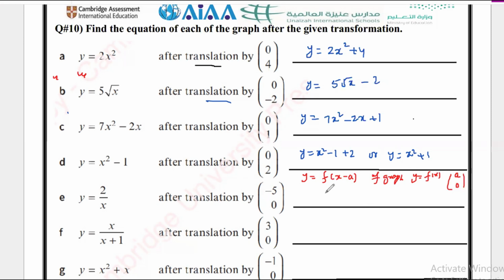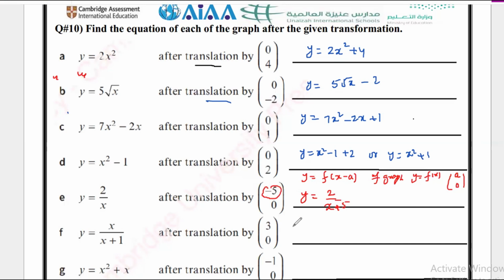So I will use the same idea here. So the required equation will be 2 over (x, here minus 5), okay? So I will say plus 5 here. This is the required equation after translation with the translation vector (-5, 0).